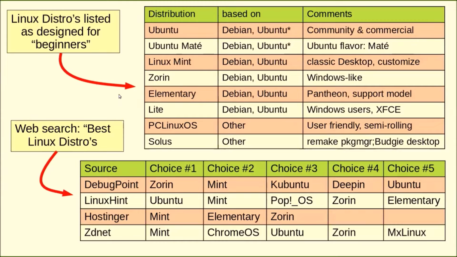So then I say, okay, what if I go out in the world, if you go out on the web and say, give me the best 10 Linux distros or the best 5, you'll get a whole bunch of hits. So I put some of them down from, here's some well-known sites that are like digital magazines. And so you'll see a lot of them I talked about are here, but there's a couple.